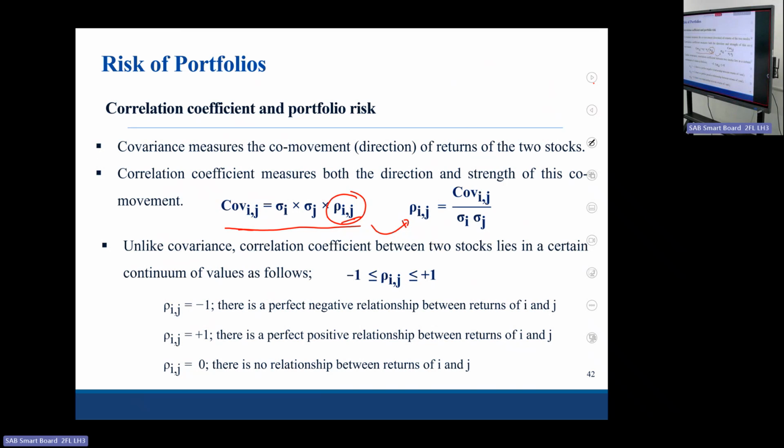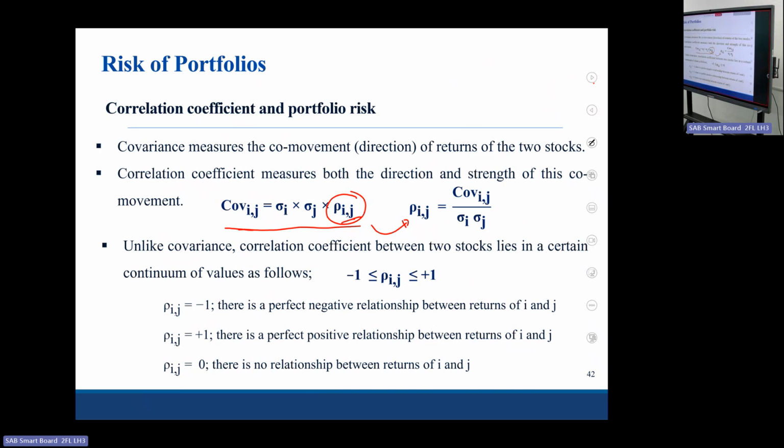So can you have a correlation coefficient of 1.2? It lies in between -1 and +1. If the correlation coefficient is -1, we call it perfectly negative correlation. So their movement is negative.